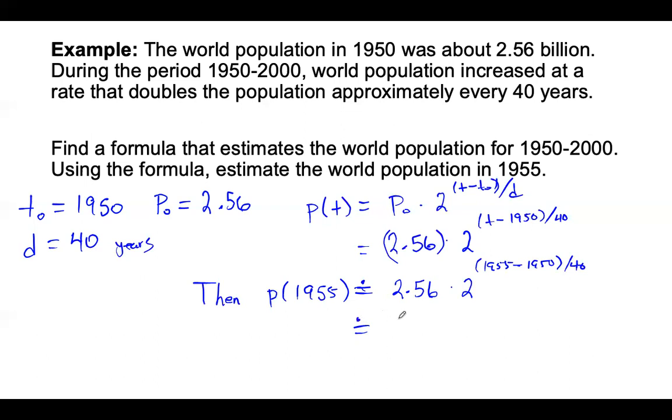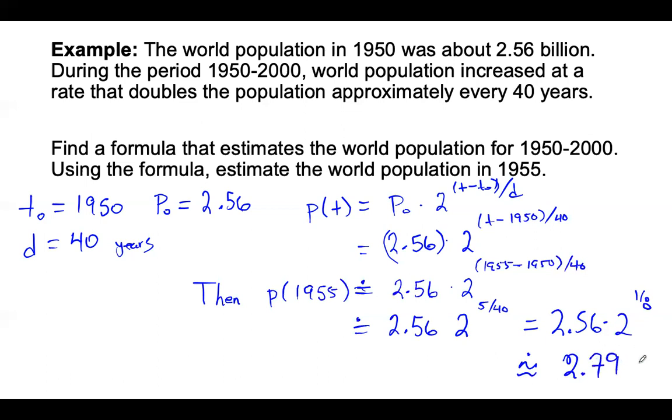So this is approximately 2.56 billion people initially times this exponential, 2 to the power 5 divided by 40. You could reduce this to 2.56 times 2 to the power 1/8. You could get a calculator if you wish. So this is 2.79 billion.